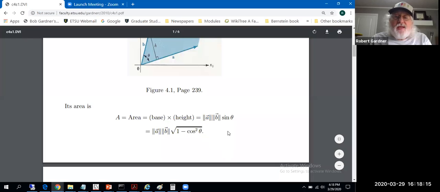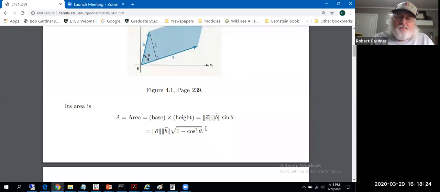For reasons to be made less transparent shortly, let's take that sine of theta and write it as the square root of 1 minus cosine squared theta. What's the Pythagorean theorem? Sine squared plus cosine squared equals 1. Provided the sine is positive, then we can write the relationship between the sine theta and the cosine theta as given here.